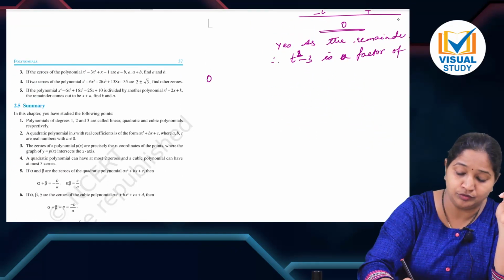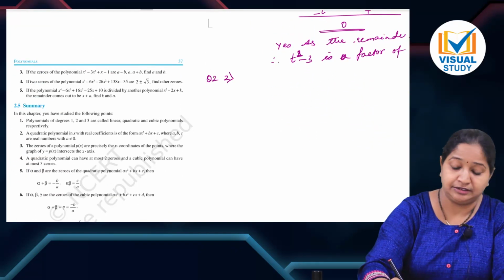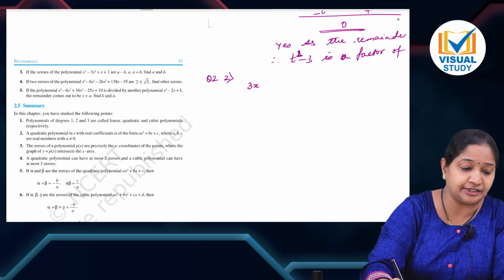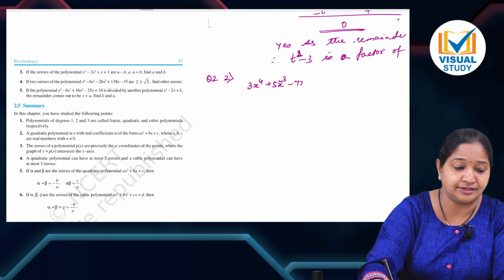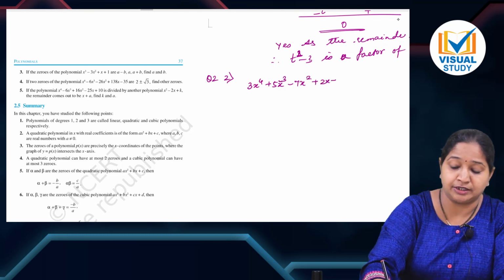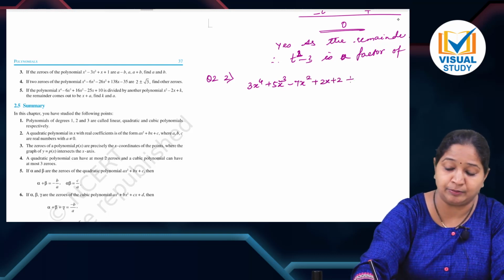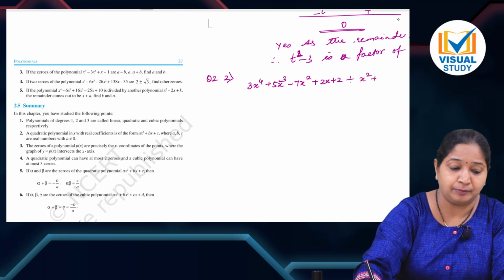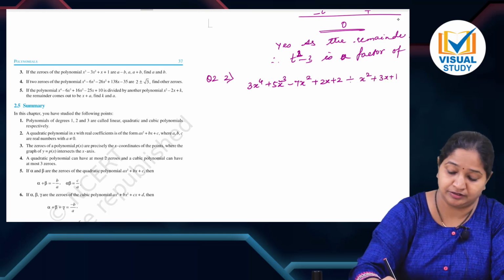Question number 2, second one, that is 3x raised to 4 plus 5x cube minus 7x square plus 2x plus 2, and you have to divide it by x square plus 3x plus 1.